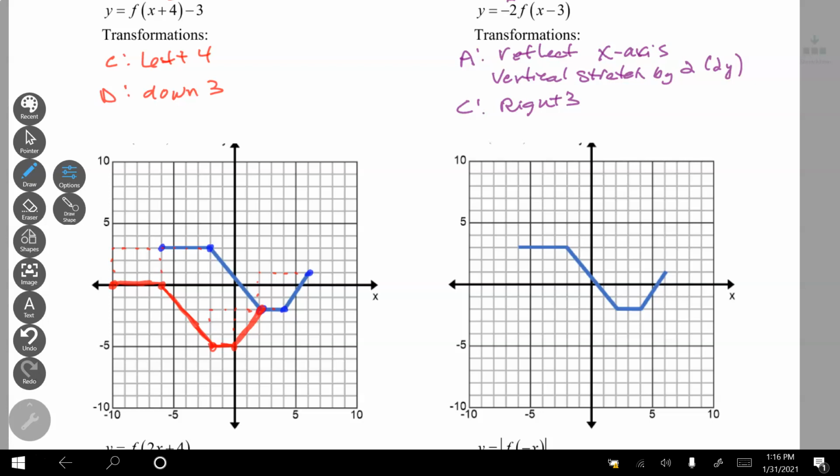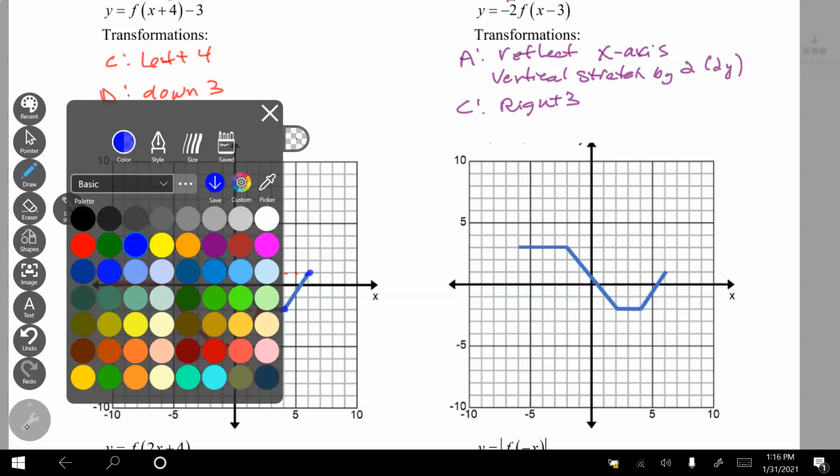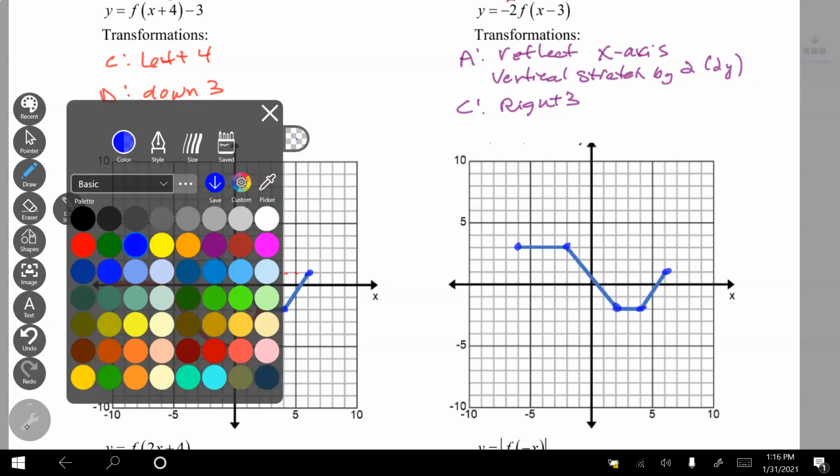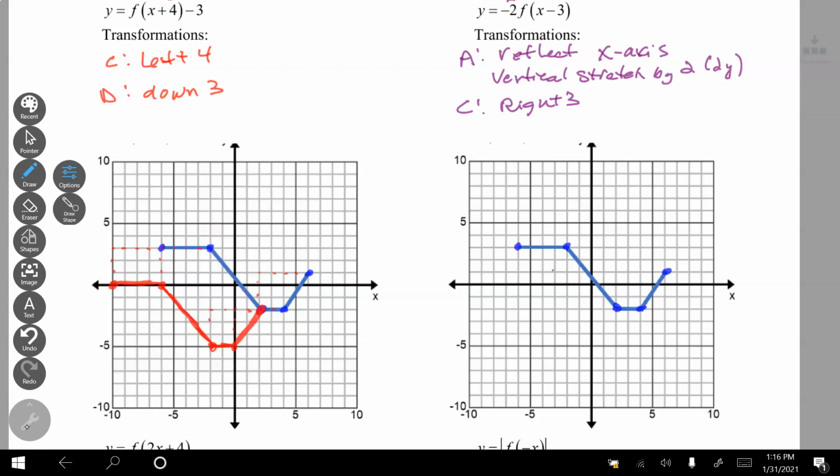So all I'm going to do is take these main dots in blue, these 5 main dots, and I'm going to do 1 point at a time. These are basically 3 transformations, even though there's only 2 letters, because A has 2. So the first thing I'm going to do is reflect it over the x-axis. So this point that's above by 3 is going to be below by 3.